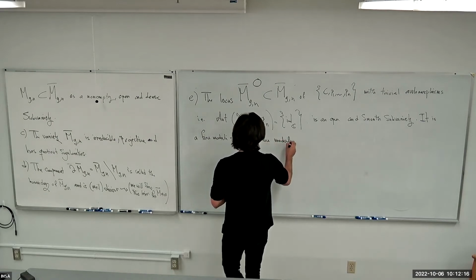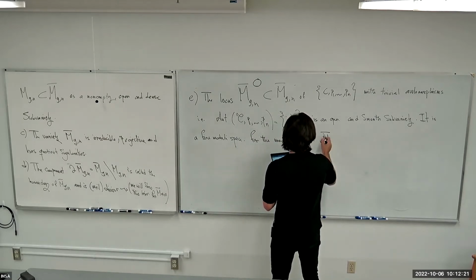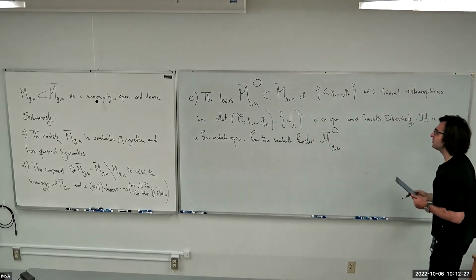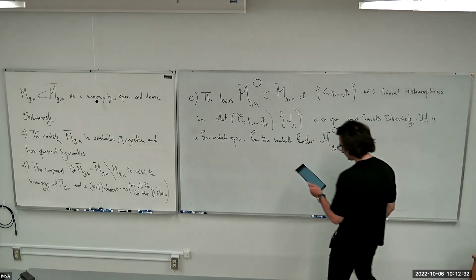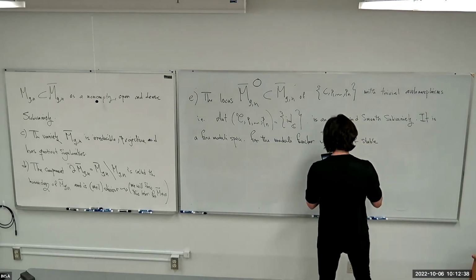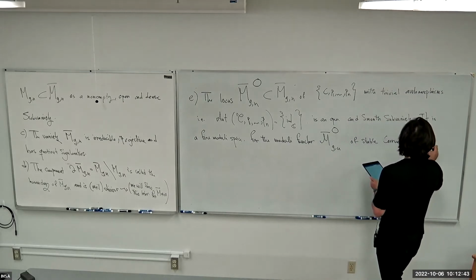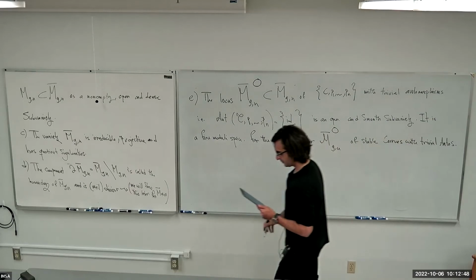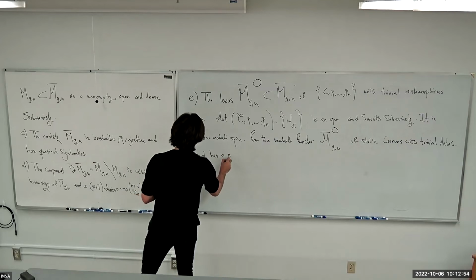All right. Fine moduli space for the moduli functor M_{g,n}, which is parameterizing genus g curves with n markings, but with trivial automorphism group, of stable curves with trivial automorphisms, and has a universal family.